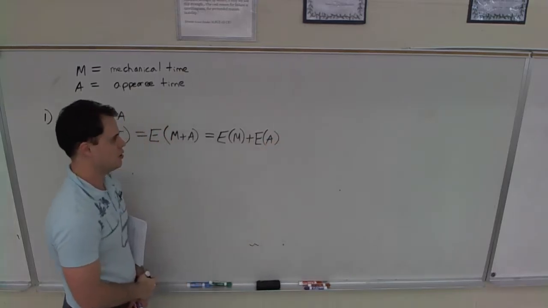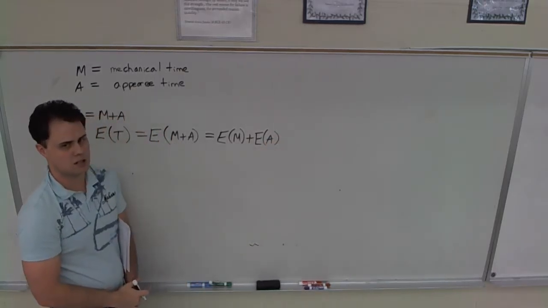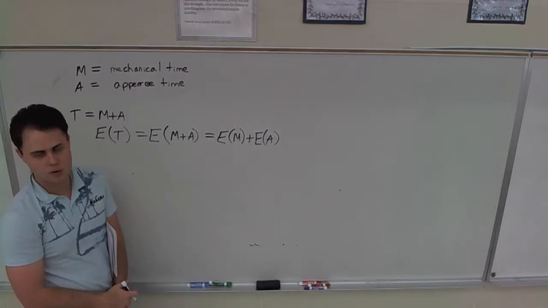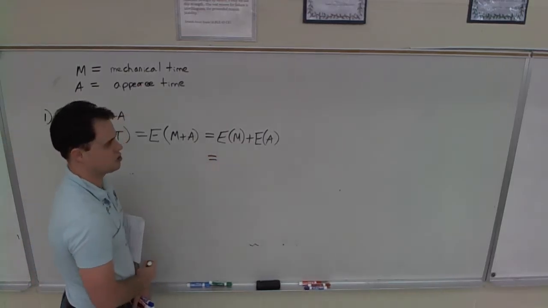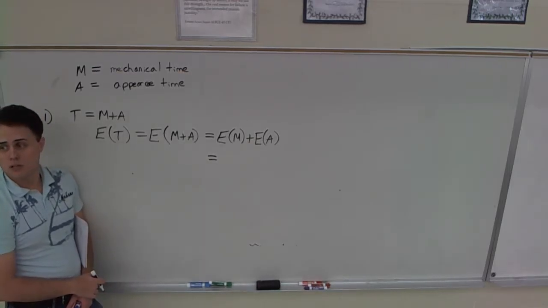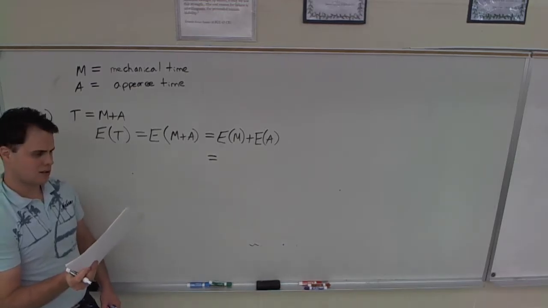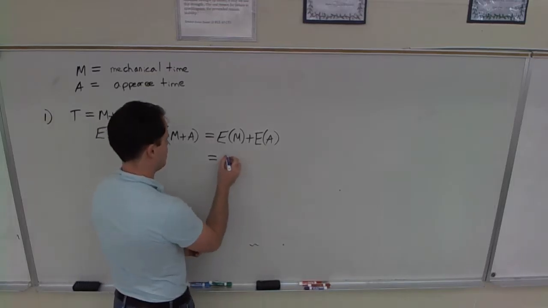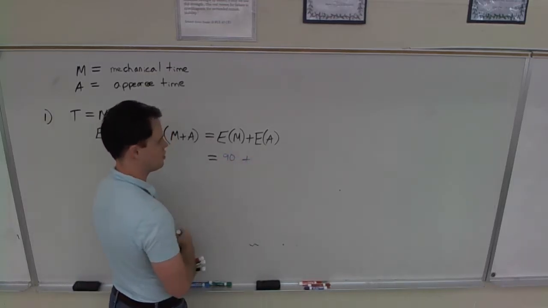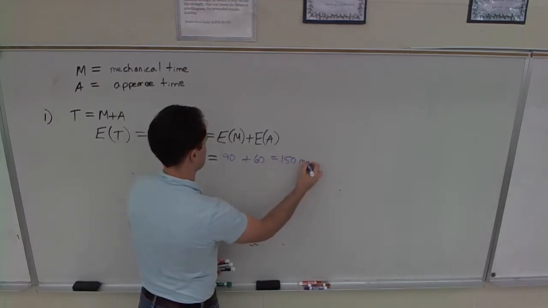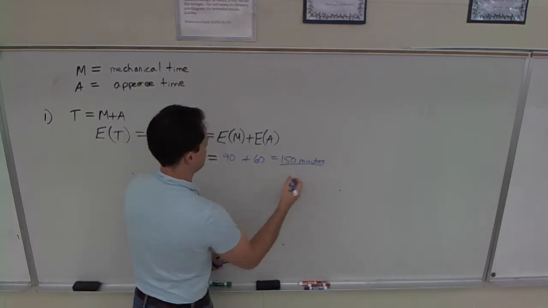To find the expected value of one data set plus another, you can just find their two individual expected values and add them together. So what's the expected amount of mechanical time at the shop? 90? Okay. I'm going to color code this a little bit. So we got 90 minutes for that, plus 60 minutes for the other one. So 150 minutes. Very simple.